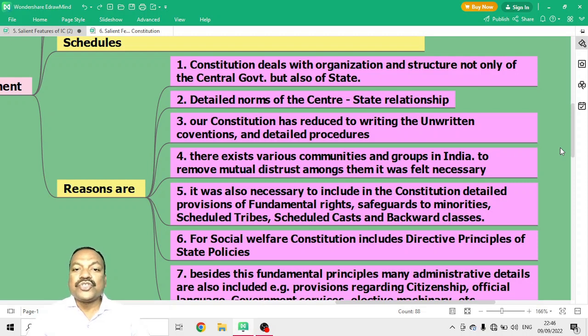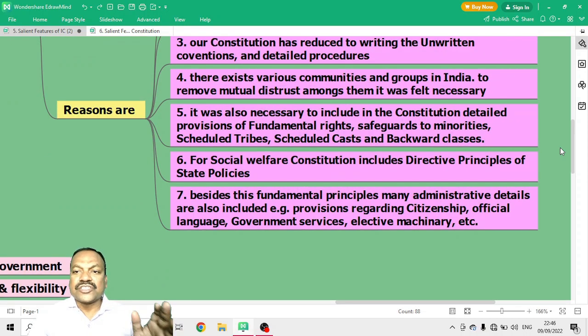Thirdly, our constitution has reduced to writing the unwritten conventions and detailed procedures. Fourthly, there exist various communities and groups in India. Now, to remove the mutual distrust among them, it was felt necessary that these laws should be written down in a detailed way.